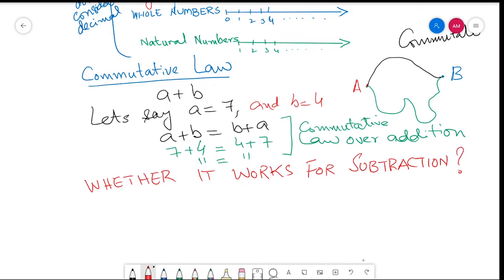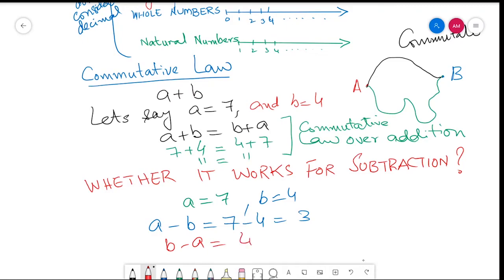We take the same numbers. A is equal to 7, and B is equal to 4. So what is A minus B? It would be 7 minus 4, which is equal to 3. And now if we do B minus A, it is 4 minus 7.